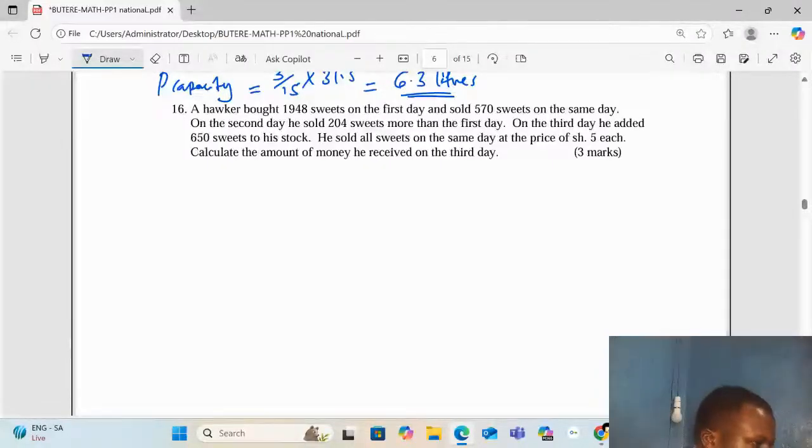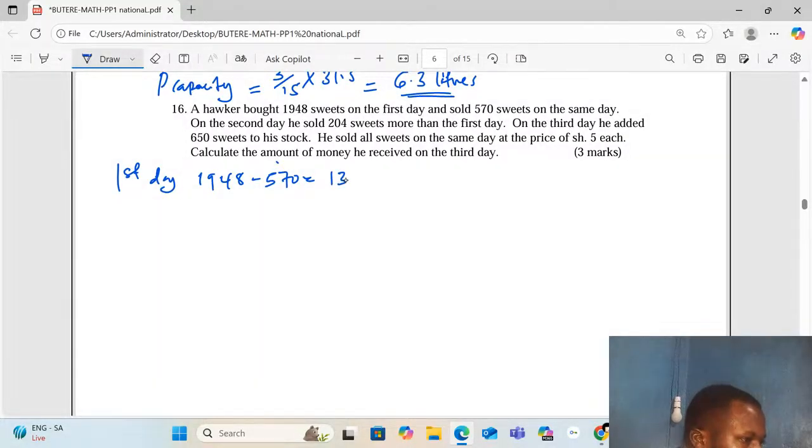Let's start with the first day. On this first day, he purchased 1948 sweets. And on the same day, he sold 570. So you minus. So we see that he remained with 1378 sweets.